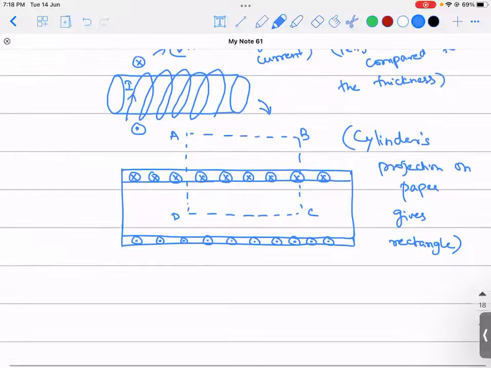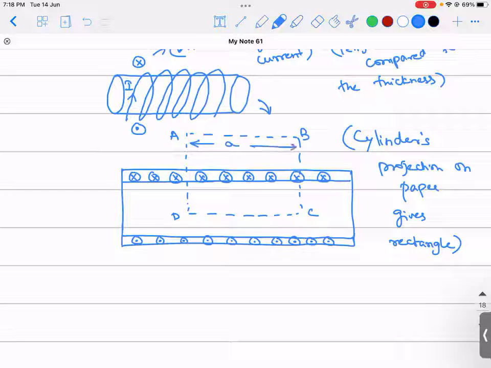Okay. Now, if I take this distance to be A and this total distance to be B, is it clear? So if I take it to be B, then I'm saying B by 2 is outside and B by 2 is inside. The remaining half is inside.